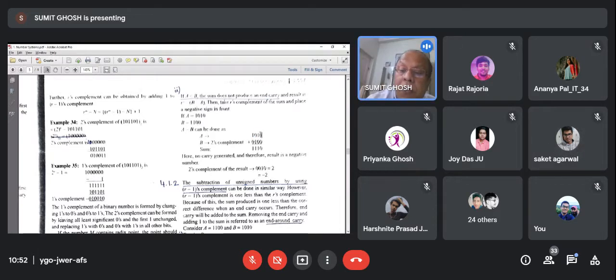I want the 2's complement of this number. First step, I start from the right. I get a 0. I write down the 0, as it is part of the answer. I get a 1. I write down the 1 because that is part of the answer. And then I stop. Why do I stop? I have to invert the remaining bits. If there are 10, 20 bits, I have to invert all of them.